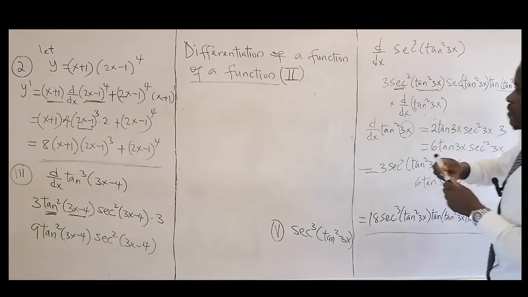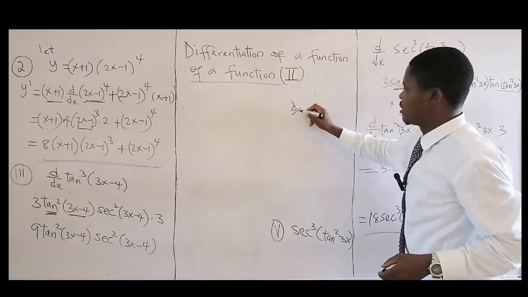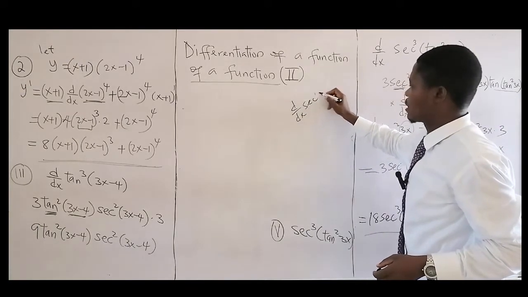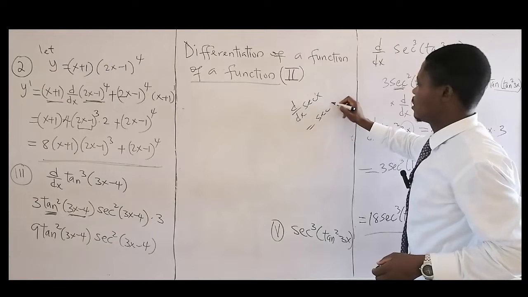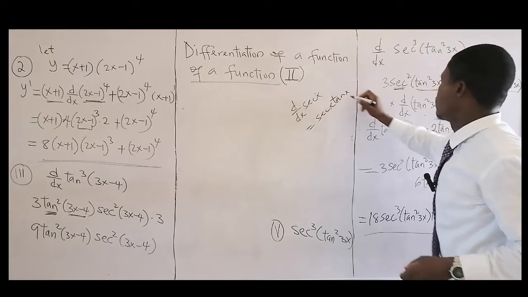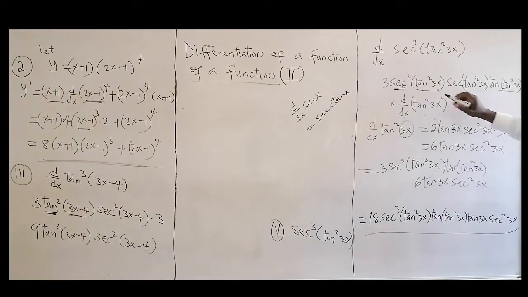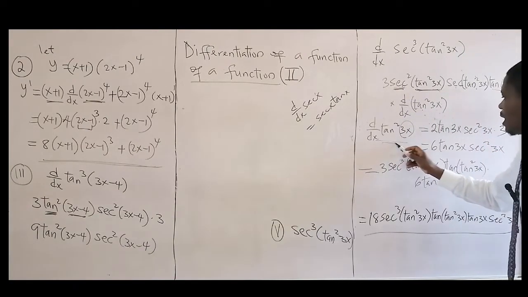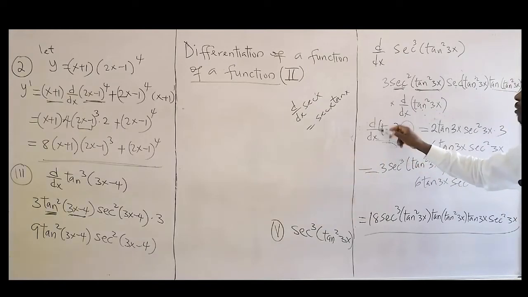The derivative of sec x will give you sec x tan x, but our function here, you have to also consider the function. So that will be sec, the angle, and then tan, the angle. And the next thing is the derivative of the function itself, that's tan squared 3x.